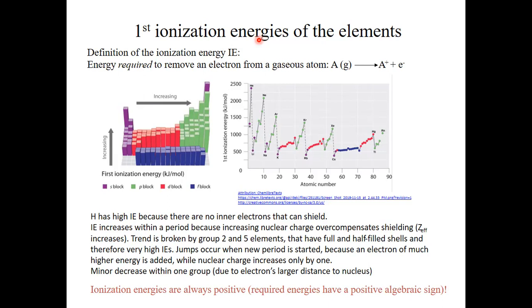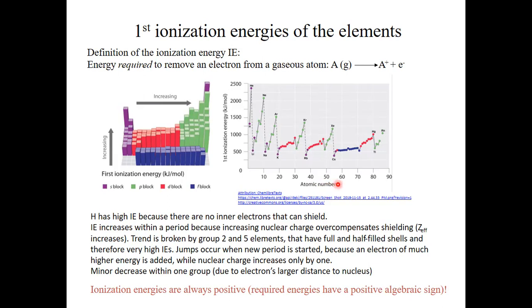So now, what are the trends in first ionization energies that we can see here? We see here the ionization energies as a function of the position in the periodic table, and here we see also the ionization energies listed as a function of the atomic numbers.